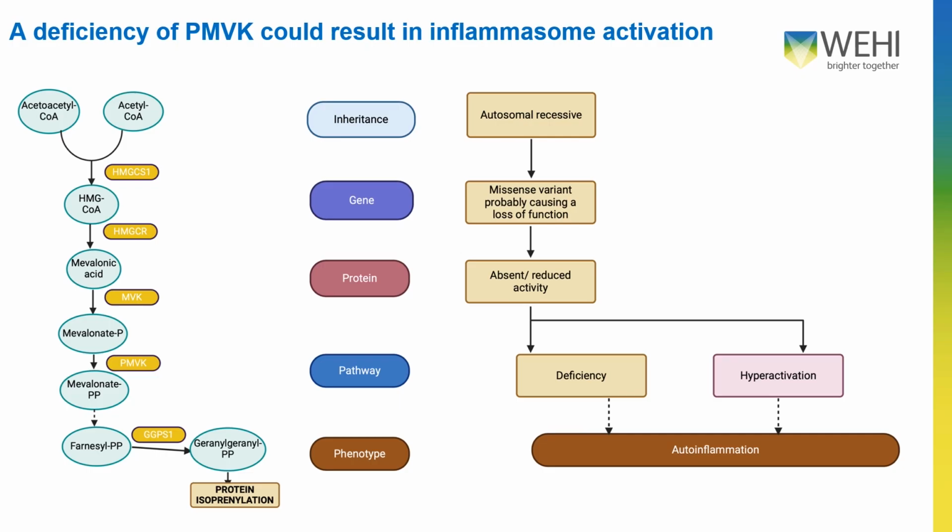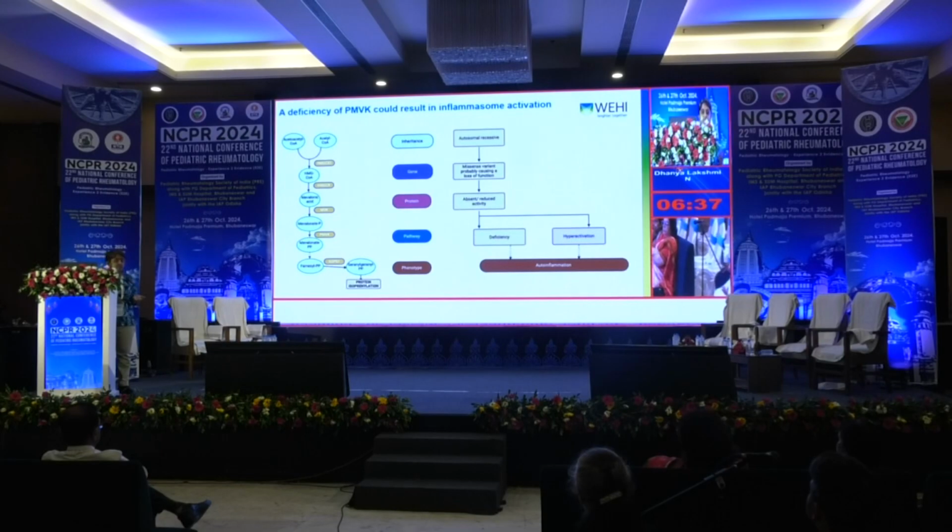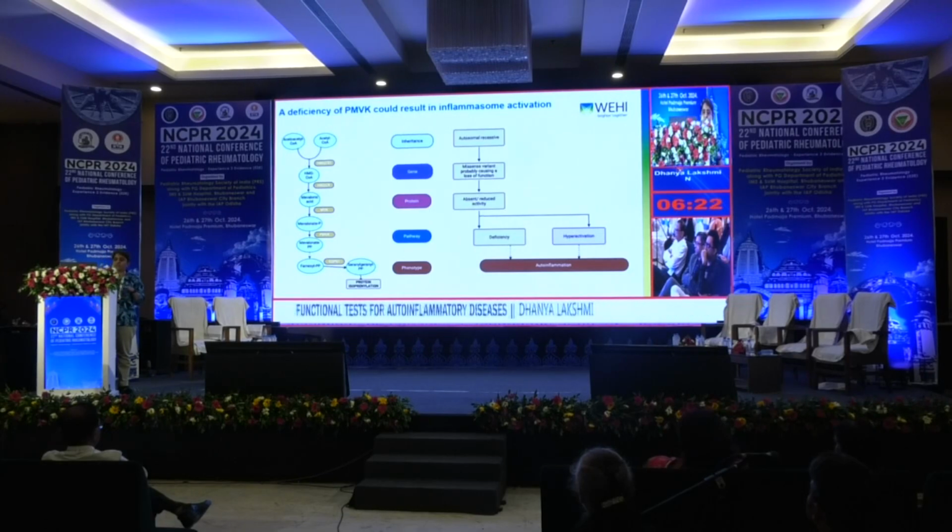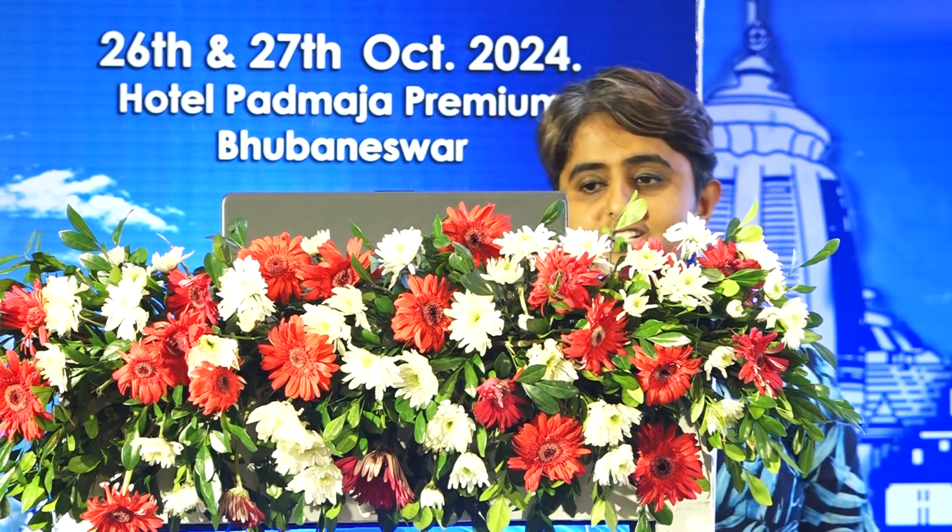We thought that this homozygous missense variant is probably causing a loss of function because it is an enzyme, so the protein might be absent, or it could have reduced activity. This could result in a deficiency of the enzyme, leading to hyperactivation of pyrin, because protein isoprenylation is important to keep the pyrin inflammasome in check. That's how we decided to plan our functional experiments.